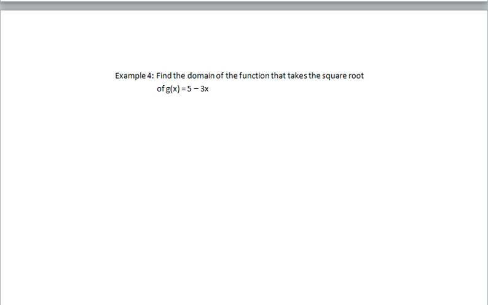In example 4, we want the domain of the function that takes the square root of g of x equals 5 minus 3x. So x goes to 5 minus 3x, and now we're taking the square root.